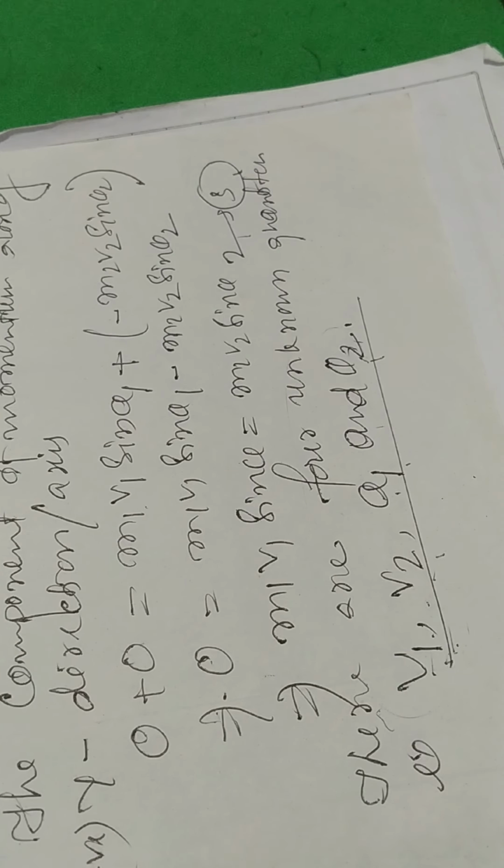So knowing the value of one unknown quantity, the remaining unknown quantities can be determined by using these 3 equations.